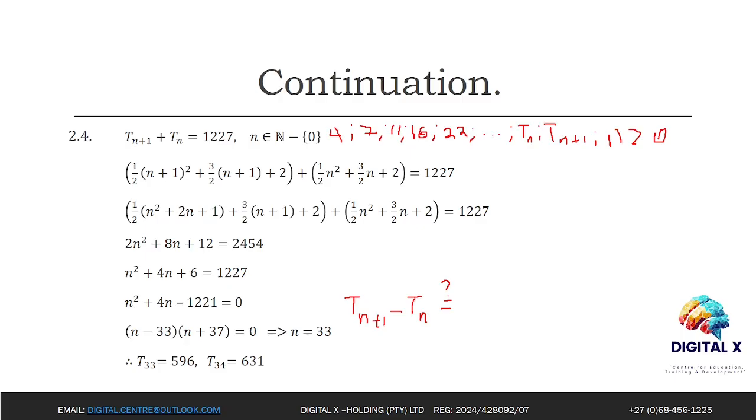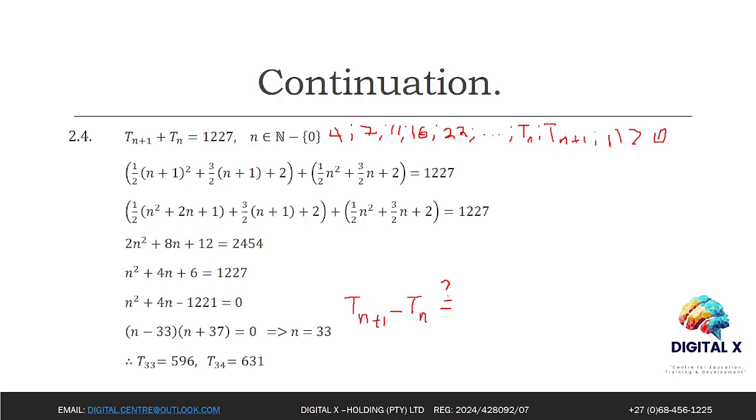As I have shown here, we're going to add t subscript n plus 1 to tn and equate it to that. So we're just going to substitute n plus 1 into our general rule, and expand everything. We've just expanded this, and ultimately we have this over here.